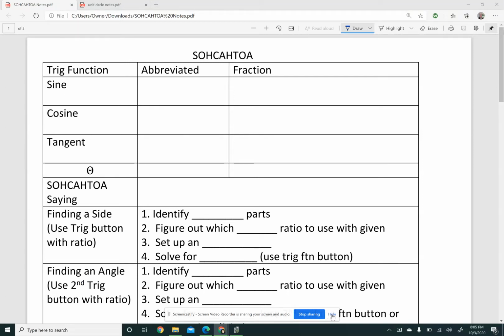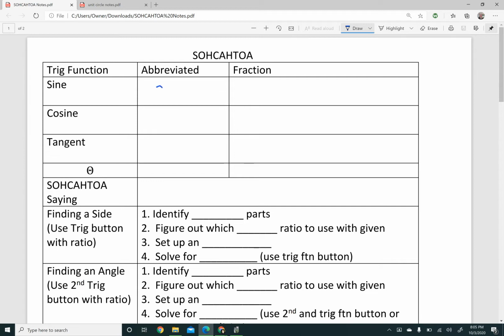All right, we're starting our new unit with trigonometry today, and we're going to review some right triangle trigonometry that we did, some in Math 2, again in Math 3. Right triangle trigonometry basically is talking about sine, cosine, and tangent.